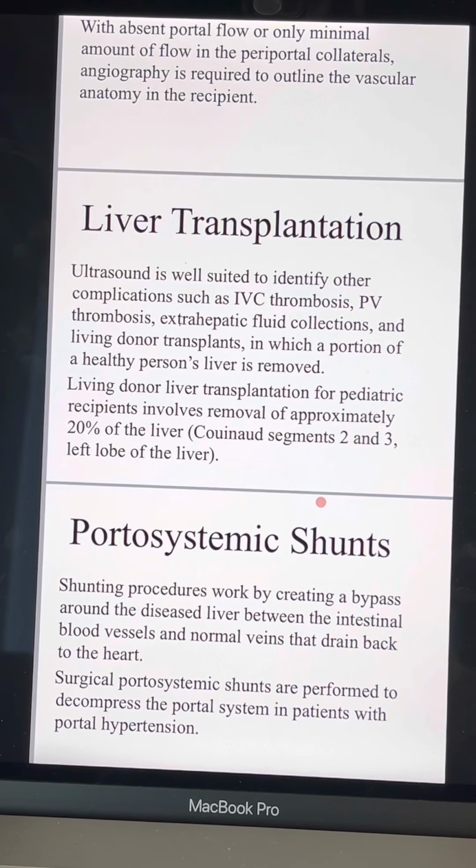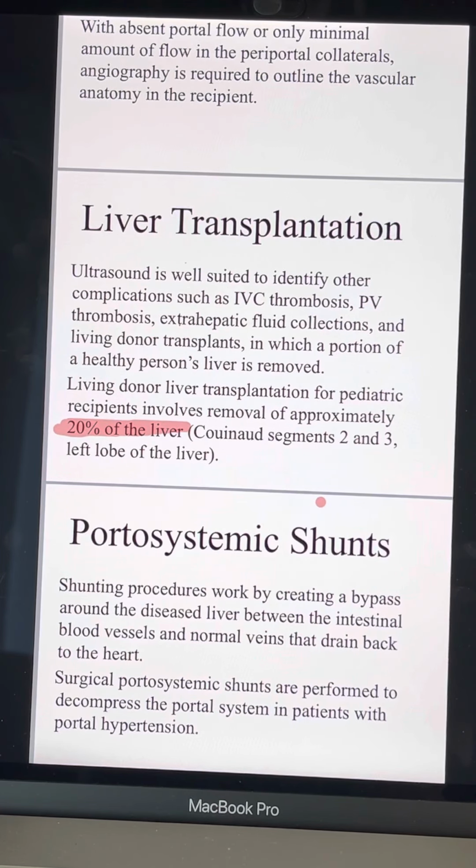So when we are donating to a pediatric patient, then only 20% of the liver is required, not the entire liver.